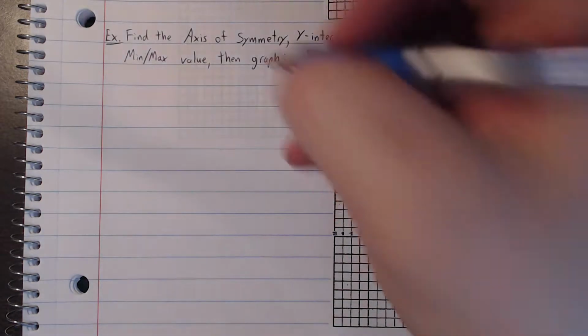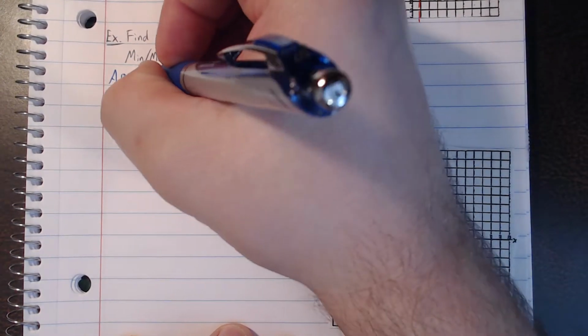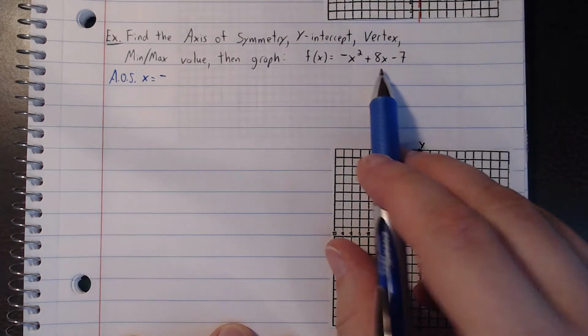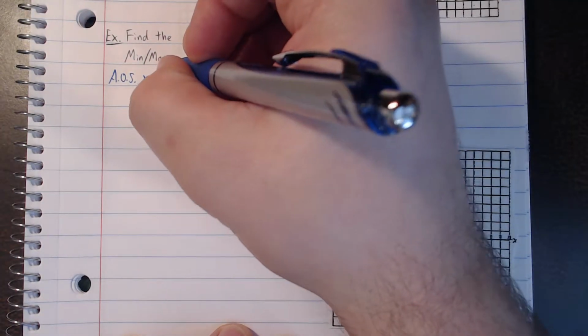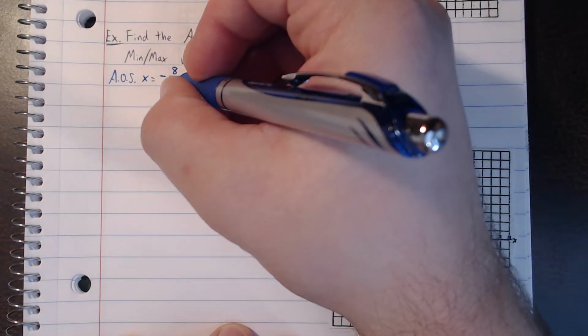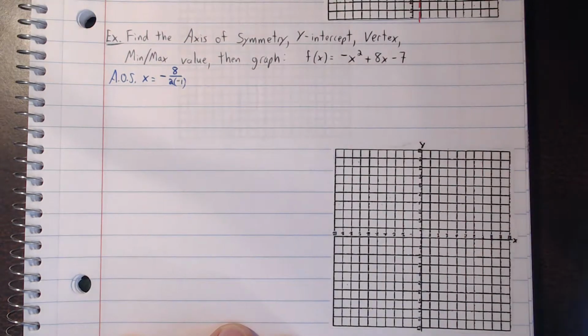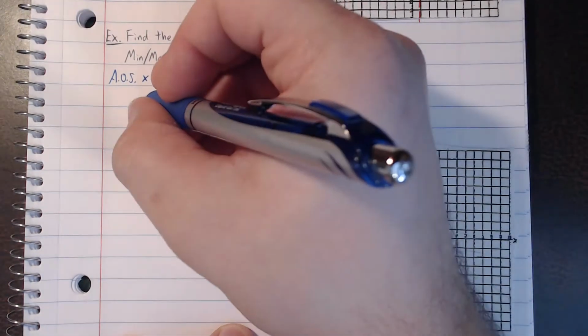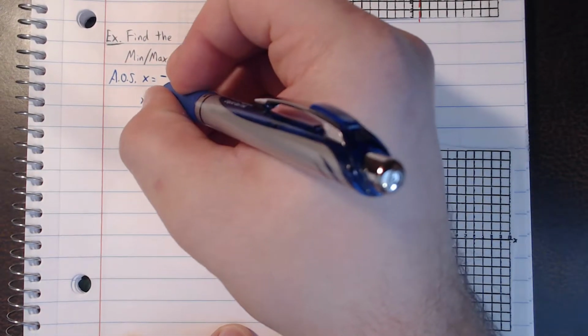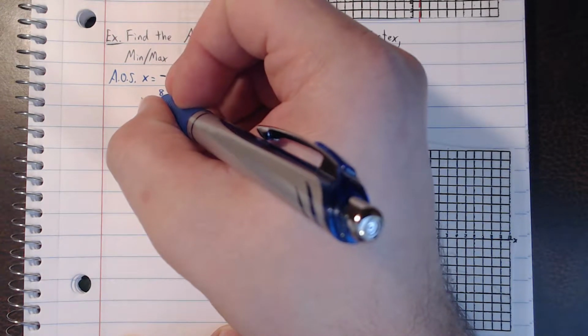First, we're going to find the axis of symmetry. It's going to be x equals negative our b term, which here is 8, over 2 times our negative 1, which is our a value. So we've got x equals 8 over negative 2.